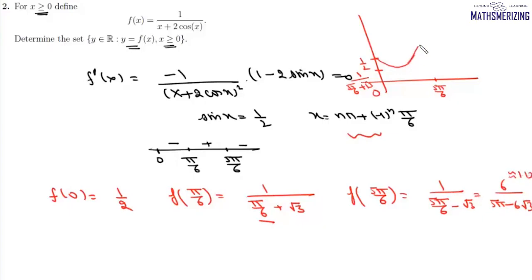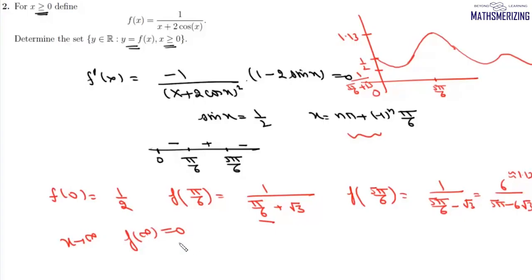So we'll take this value 1.13, and thereafter it will again decrease. Now this value will keep oscillating, and when x tends to infinity, the value of this function will be simply 0.